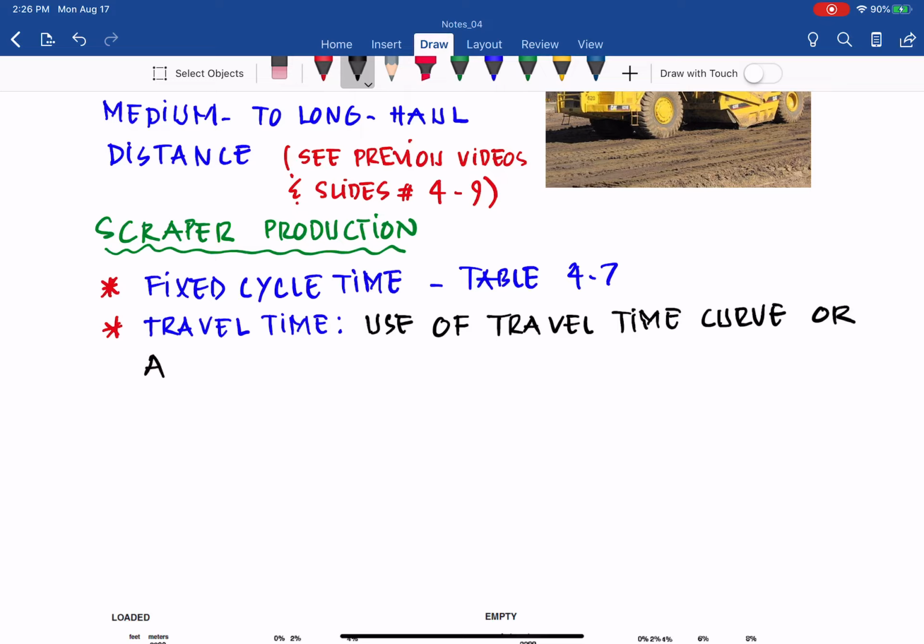We have the distance and the average speed; we divide and get the travel time. So it's the average speed method.